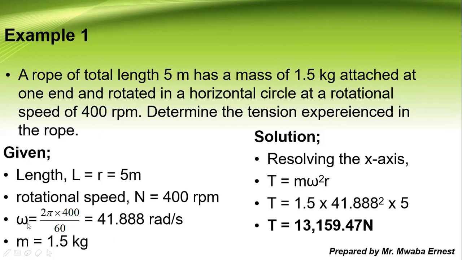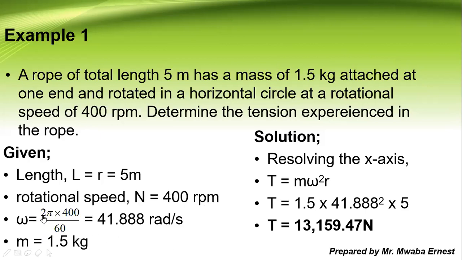Angular velocity, we need to convert now this, because this is not the SI unit for angular velocity. So this now requires us to go back there. The formula is 2 pi n over 60. The 2 pi, as we've always emphasized, converts the revolutions into radians. The 60 converts the minutes into seconds, because every minute has 60 seconds.